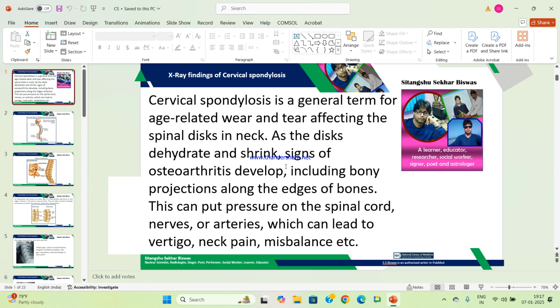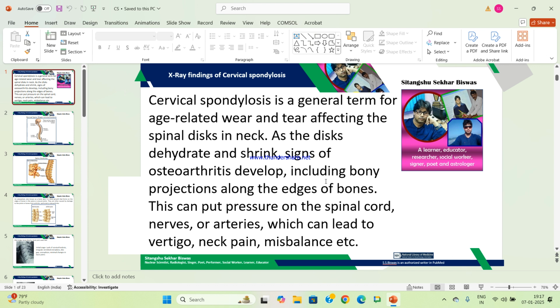So, today, very briefly, I am going to discuss the radiological, mainly the X-ray findings of cervical spondylosis. Okay, it's a common problem.